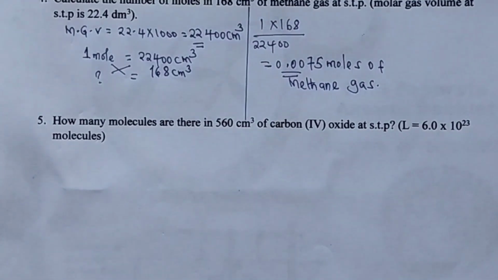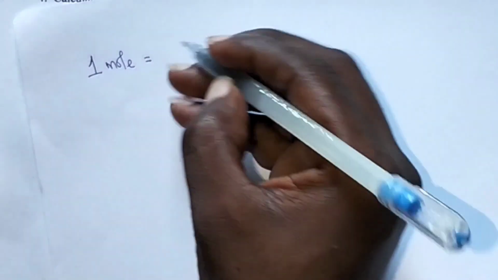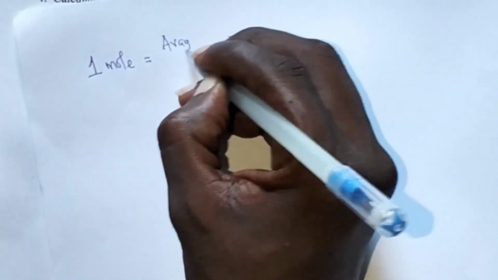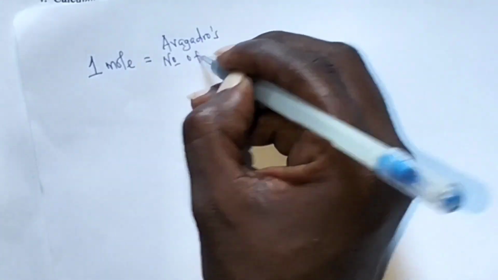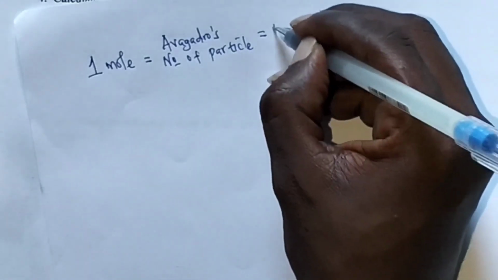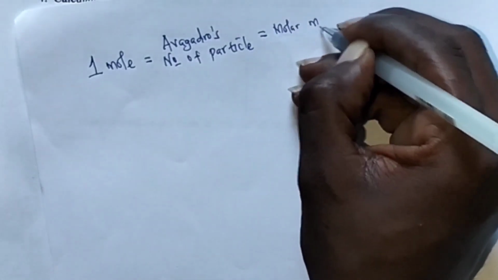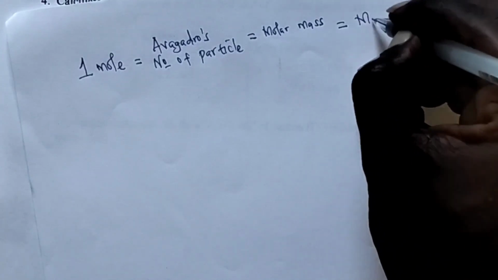The one big formula that we have is 1 mole of a gas, or 1 mole, is equal to Avogadro's number of particles, which will be equal to the molar mass of an element or a compound or a molecule, which will be equal to the molar gas volume.